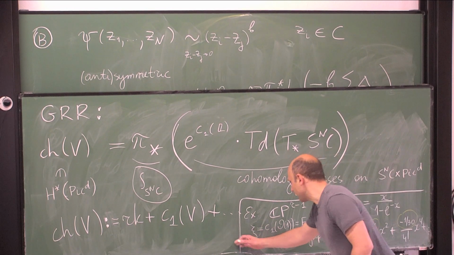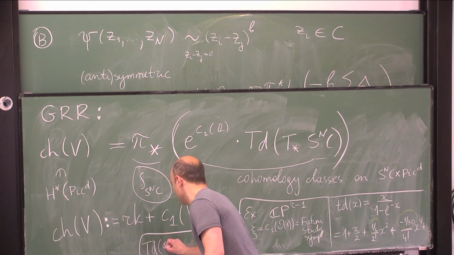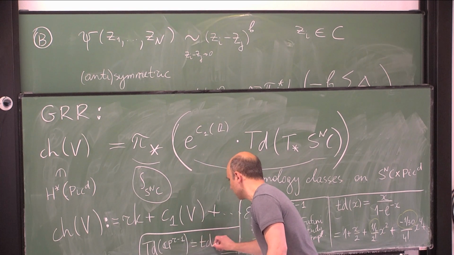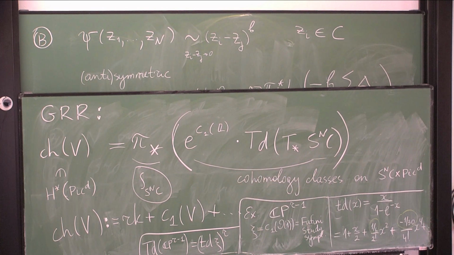So then the Todd class of CP^(r-1) is this power series applied to psi to the power r. So I didn't truly give a definition, but there is one.